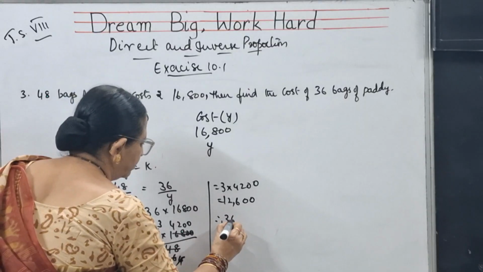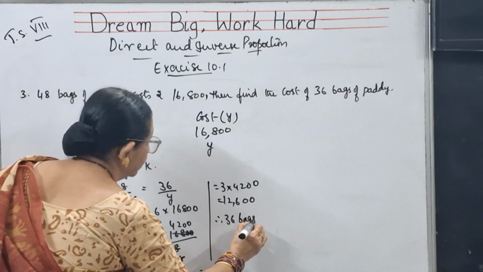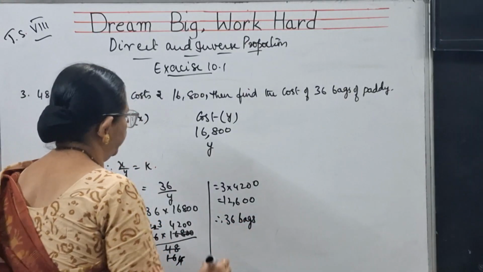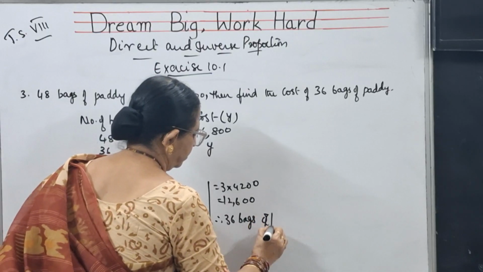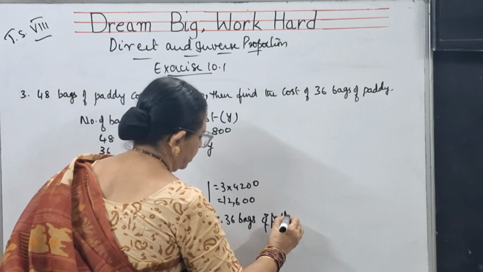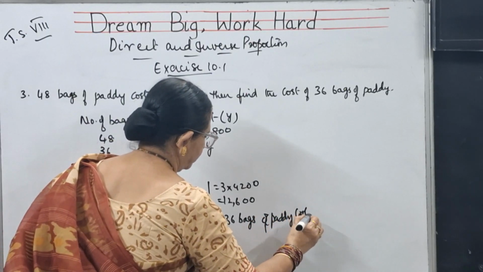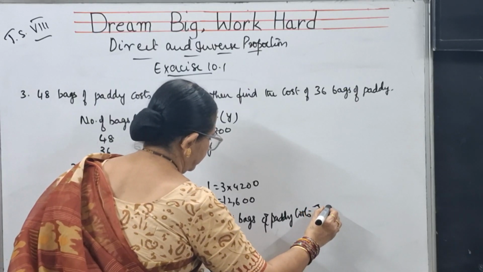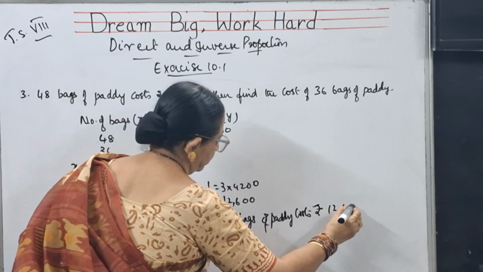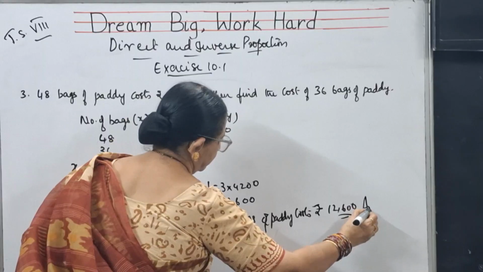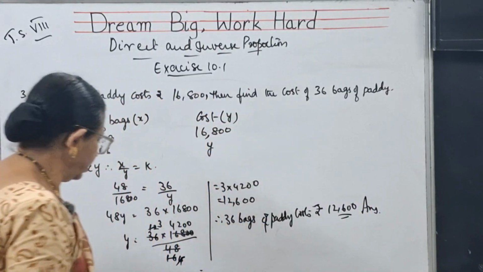Therefore 36 bags of paddy costs rupees 12,600. This is the answer for this problem, children.